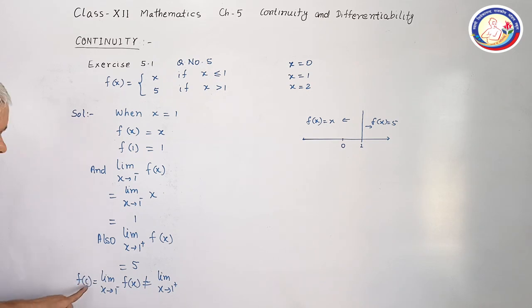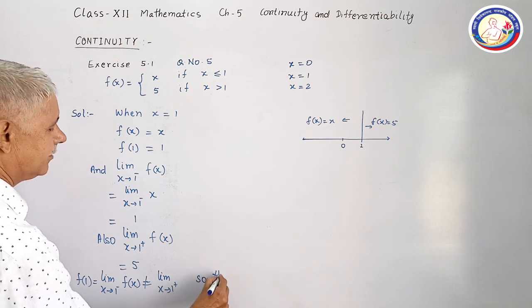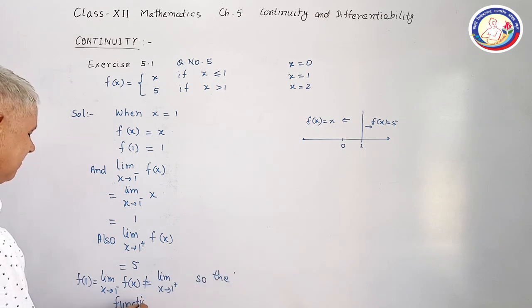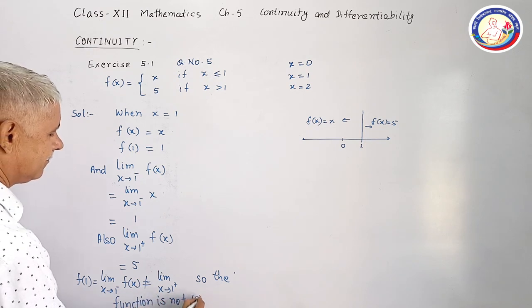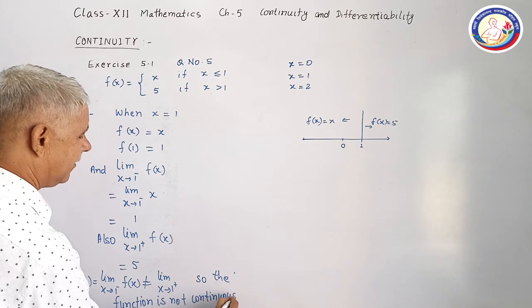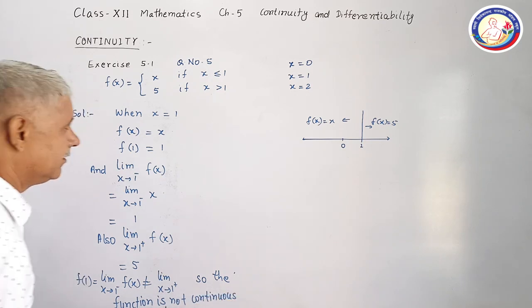We can say the value of the function at 1 is equal to the left hand limit, but these are not equal to the right hand limit. So the function is not continuous at x equal to 1.